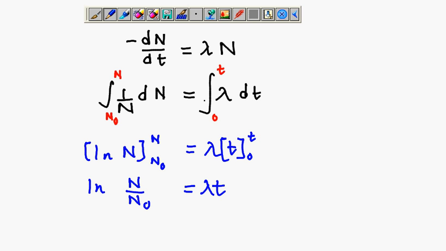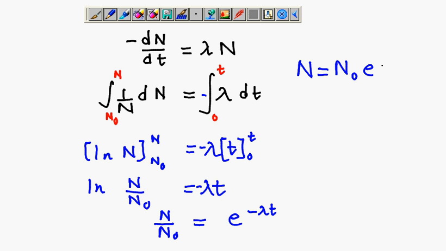Do not forget the negative sign. If you want to get N over N naught, you make it e to the negative lambda t. Because of this, you can make a general expression for the number of nuclei remaining using this expression. So this is what we call the remaining nuclei.